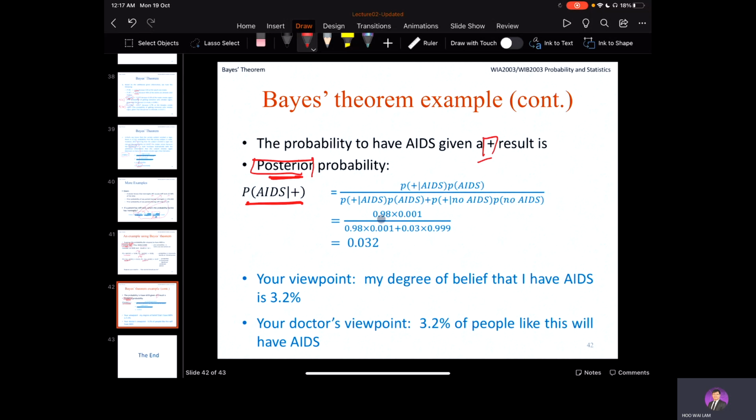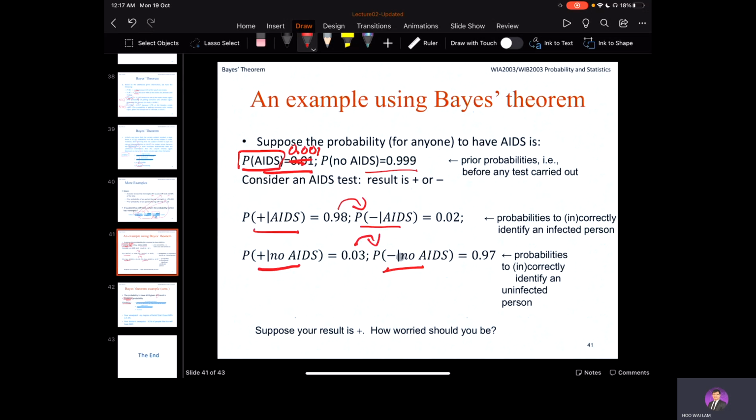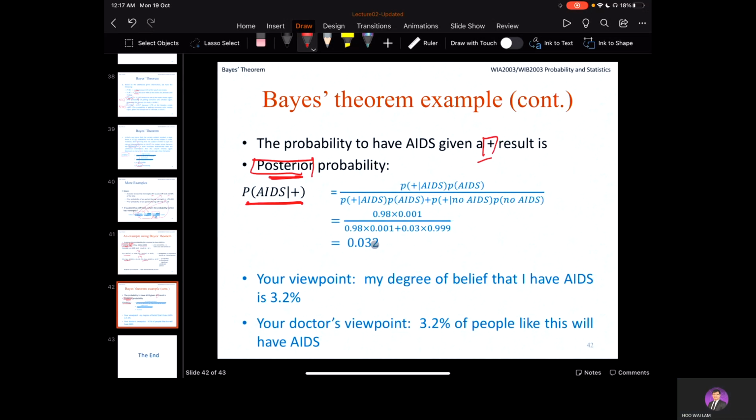In that case, you can get all this from the table, from the information we captured over here, and you get 0.032. From your viewpoint, these probability values are telling you that even though I tested positive, there may still be a chance that I don't have AIDS. The percentage for you to have AIDS if you tested positive is 3.2%. But the doctor's viewpoint is that 3.2% of people like this have AIDS.